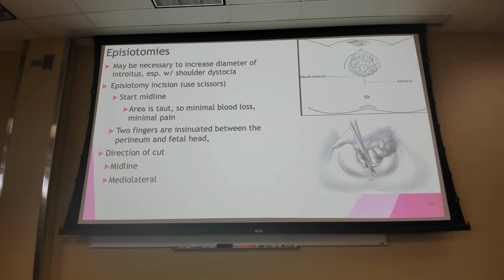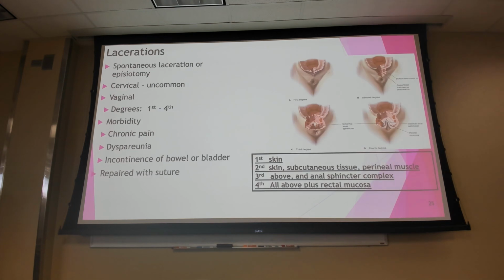They're going to cut that fibrous area, midline, then over to the side as well. Remember, the baby's head is right there. So they'll use something like Metzenbaum scissors, but they'll put their hand on the other side, so they don't slice open the baby's head, because the head is very, very vascular and there are other complications associated with that. So that's the first thing that they're going to do.